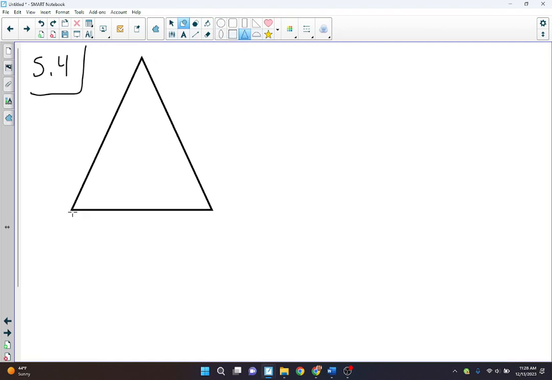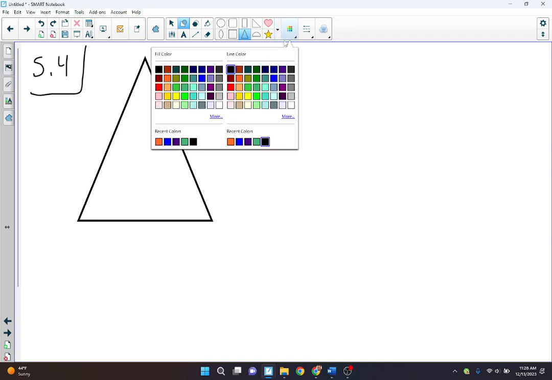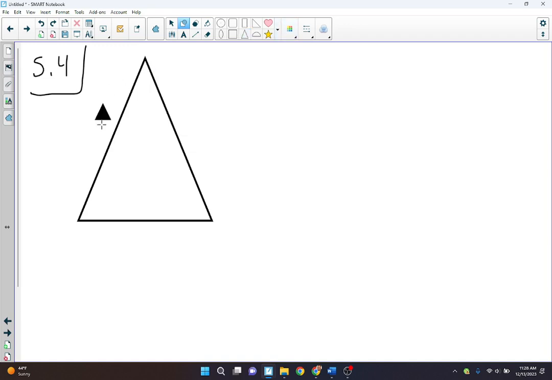7, 6, 9. Remember yesterday when I said these two are equal? So, a median. A median is when a point in the middle of the line goes to the corner opposite of it. This is going to be 5.4, which is centroids and stuff.